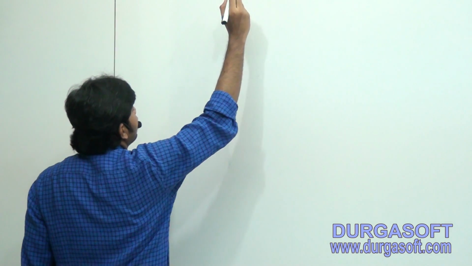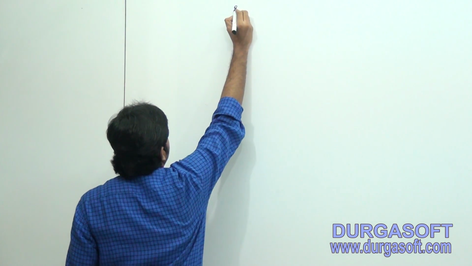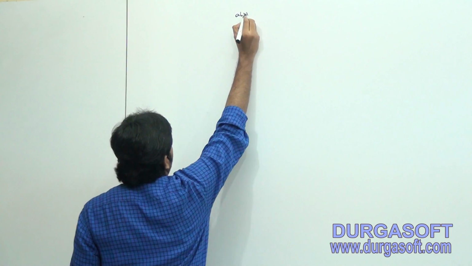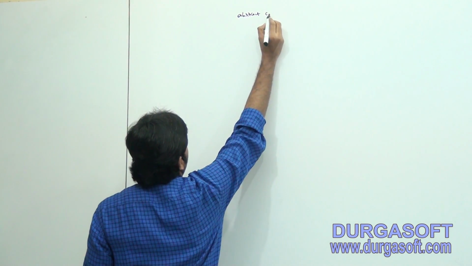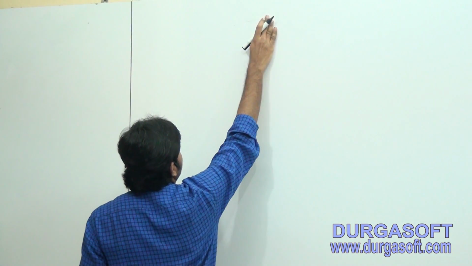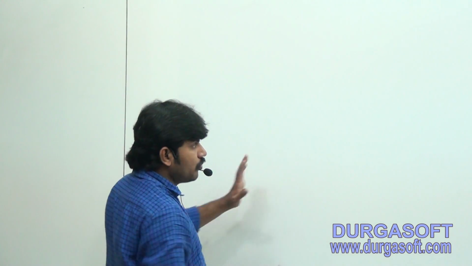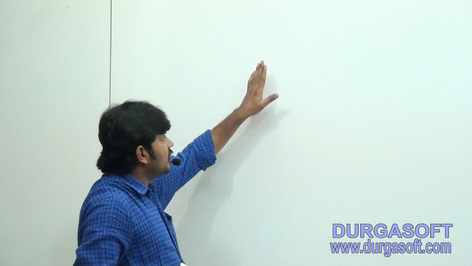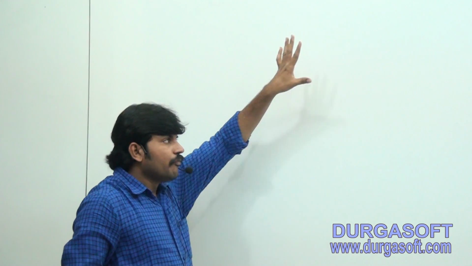Here just observe. I have one abstract class person. Here I will take two modules: without a constructor in the abstract class, and with a constructor in the abstract class. What is the difference, right?